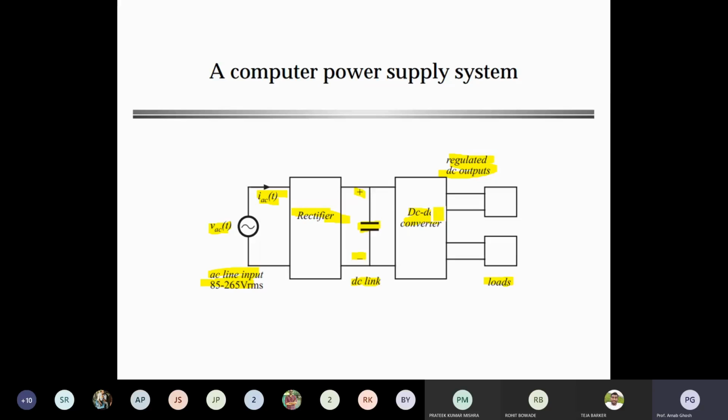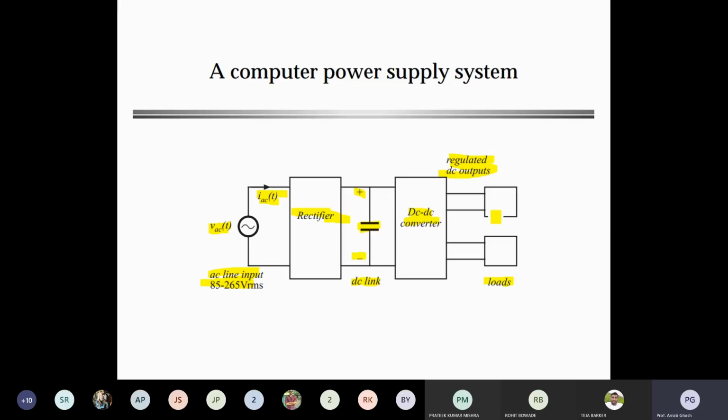The DC converter is responsible for the regulated output voltage. You can see this in the SMPS of your desktop computer. In a laptop you are not able to open it, but a desktop you can open. You can see the different regulated supplies coming to different terminals, maybe your hard disk, your processor, lots of things. Directly to the processor, to the hard disk, and to the DVD drive.